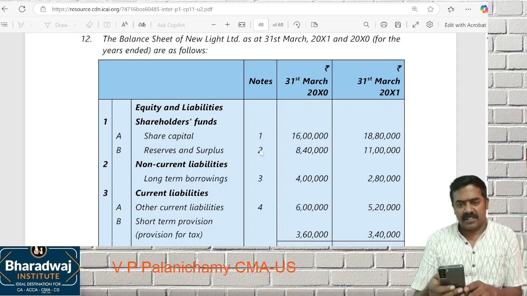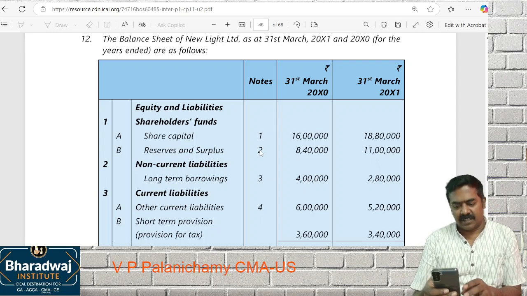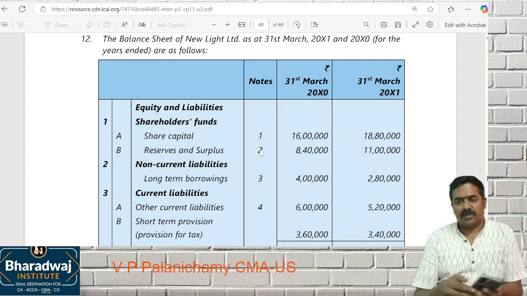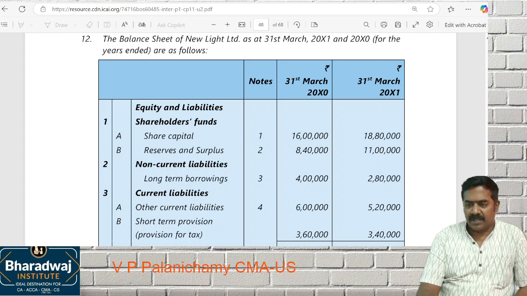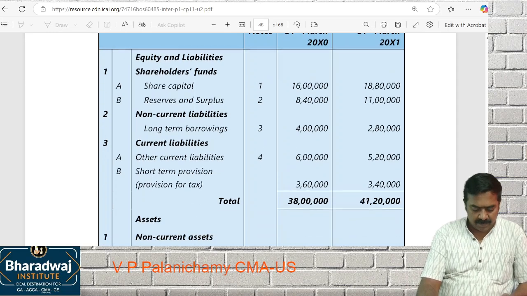Balance sheet of which company is given? New Light Limited is given as on what date? 31st March 2021 and 2020. Opening balance is given first, then closing balance is given next.